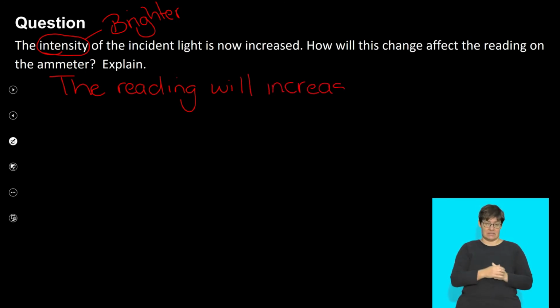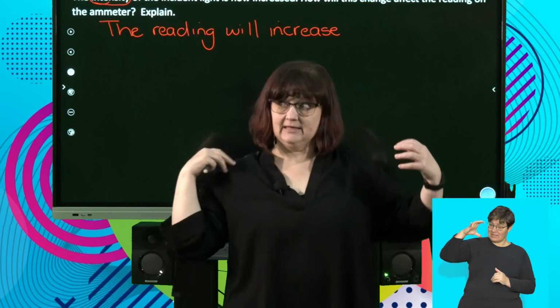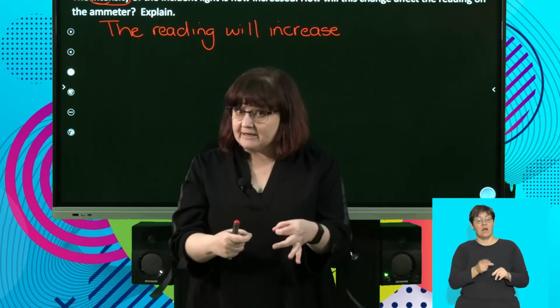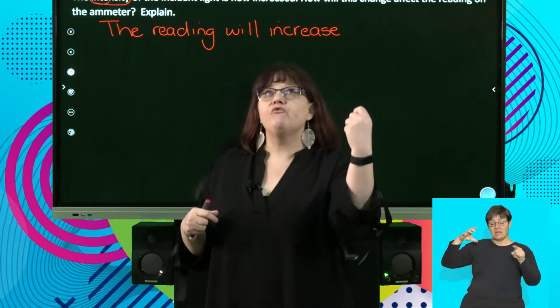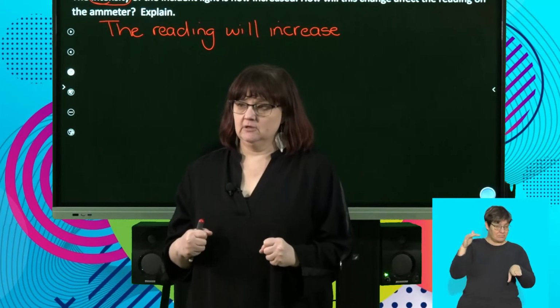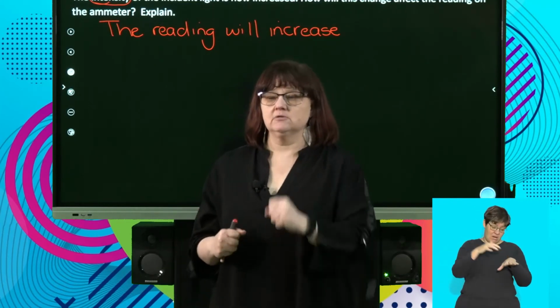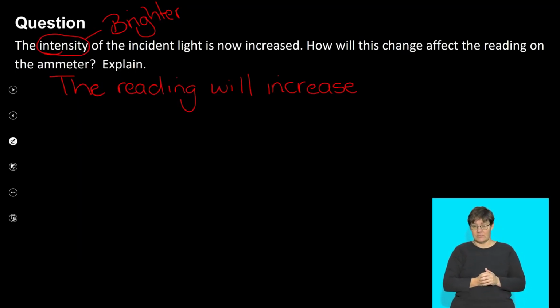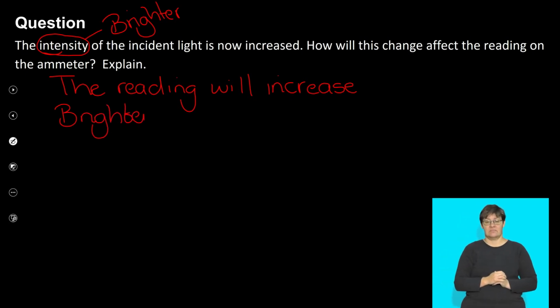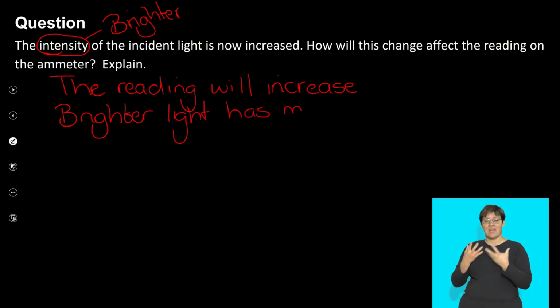Now we've got to explain that. So we need to remember that the brightness of light is determined by the number of photons. So the brighter the light, the more photons are hitting the metal. And if there are more photons, more electrons can be ejected, right? So, brighter light has more photons.